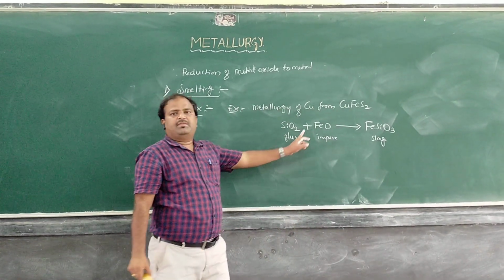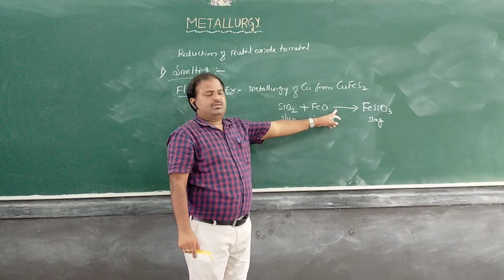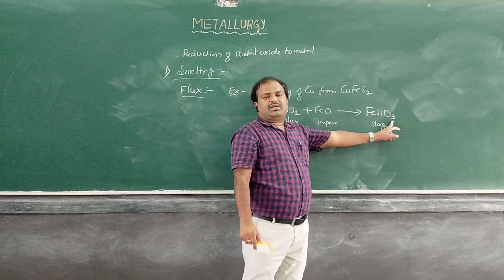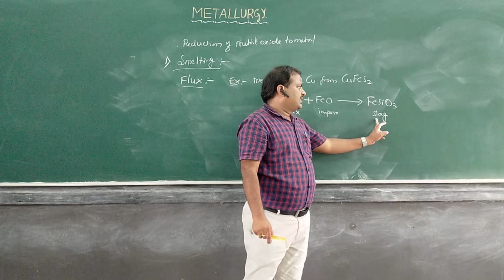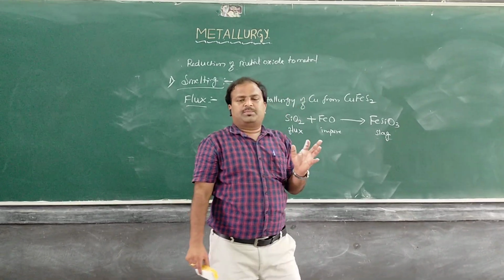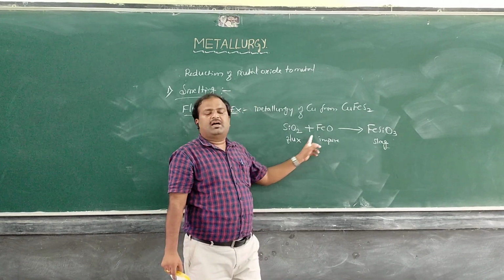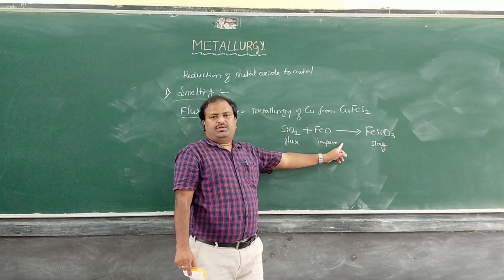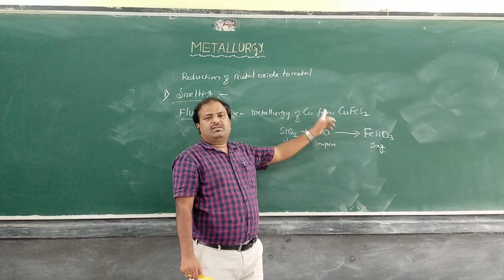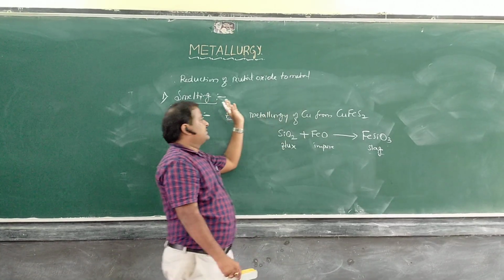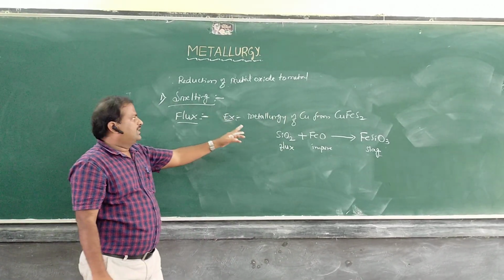So flux combines with the impurity or gangue to form a fusible product that is called slag. So slag is a waste product formed by the combination of flux and the impurity or gangue during the smelting process.